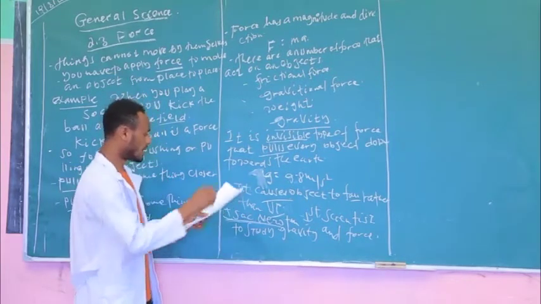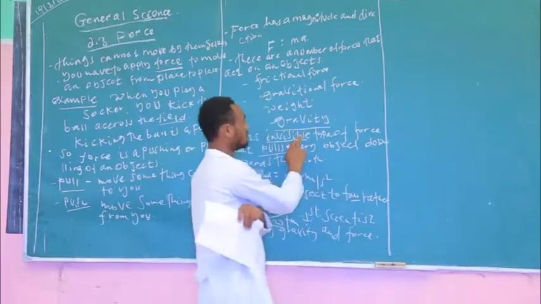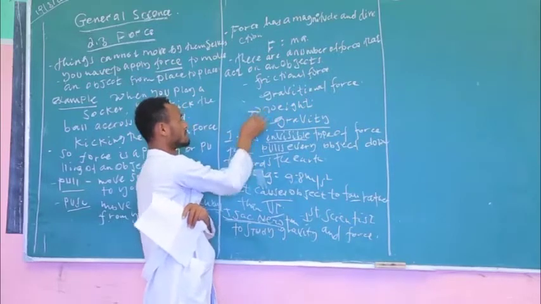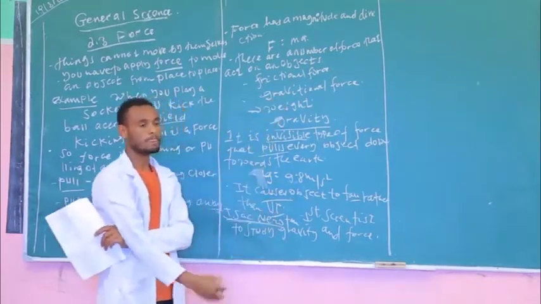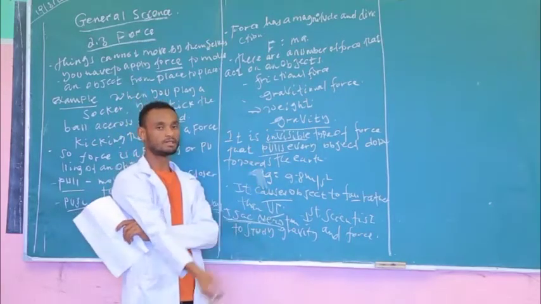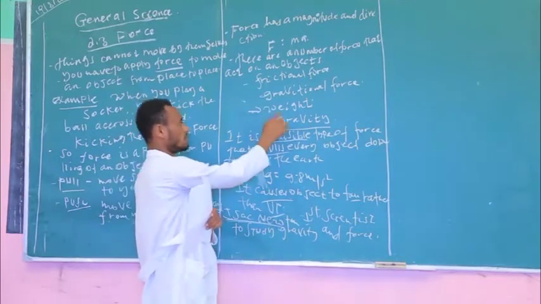Good. Now we'll pass to the second type of force, that is weight. Students, now you have seen gravitational force, how gravitational force affects a given object. Now we're going to see weight.